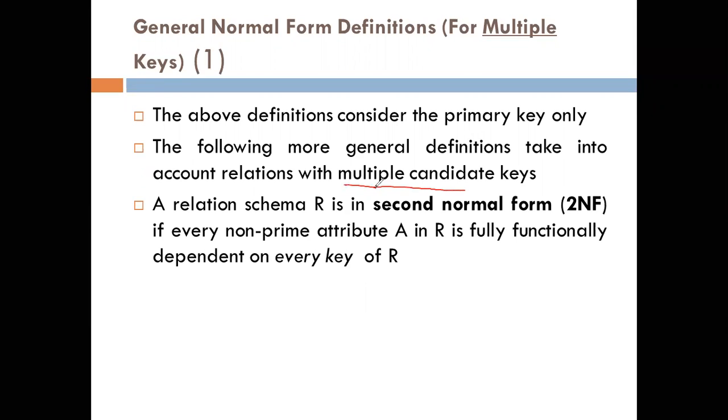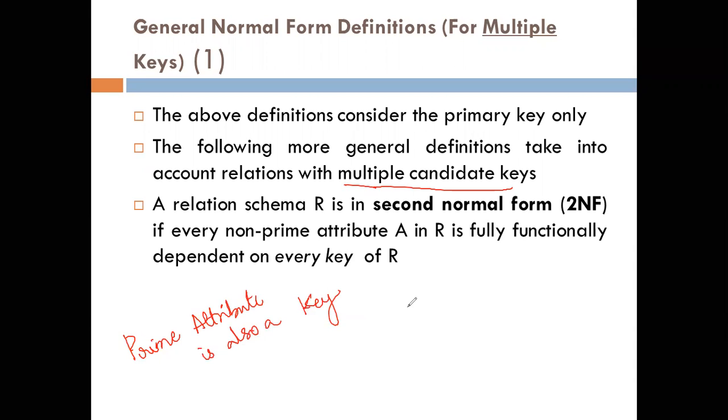So if there is only one candidate key, that can act as a primary key itself. But if there are multiple keys, then we must replace all our definitions where we used the prime attribute with key, because every prime attribute is also a key. So in our definitions, we must replace these terms.